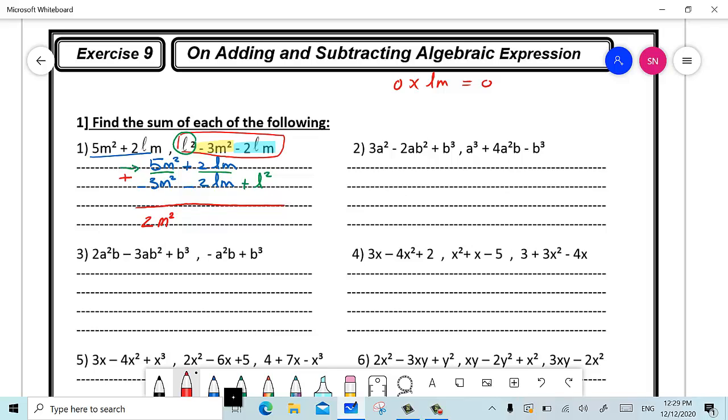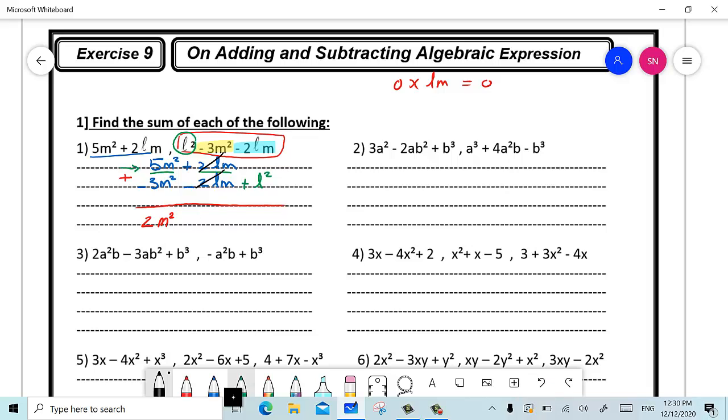So those two terms, since they are the additive inverse of each other, they are cancelled together. I don't write anything in this term. Because simply, if I write here, for example, 2m squared plus 0, that is equal also to 2m squared. And that's why I don't write the plus 0.